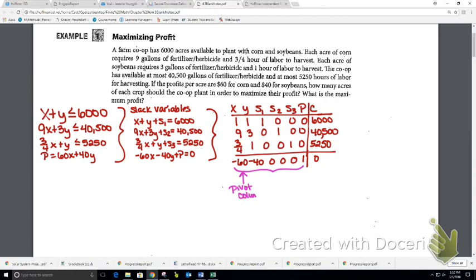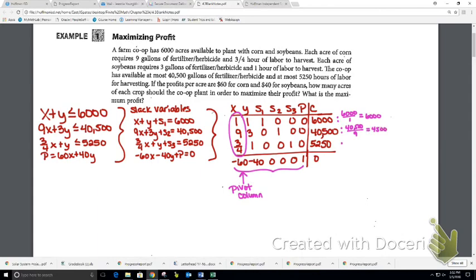So then I have to find my pivot row. By doing that, we're going to take all of the numbers in the constant column and divide them by these numbers here. So this first one we take is the 6,000 and you divide it by that 1 and we get 6,000. And then we take the 40,500 and divide it by that 9 and we get 4,500.